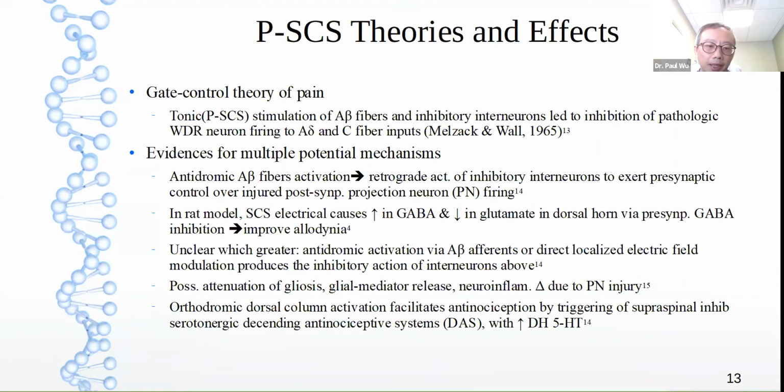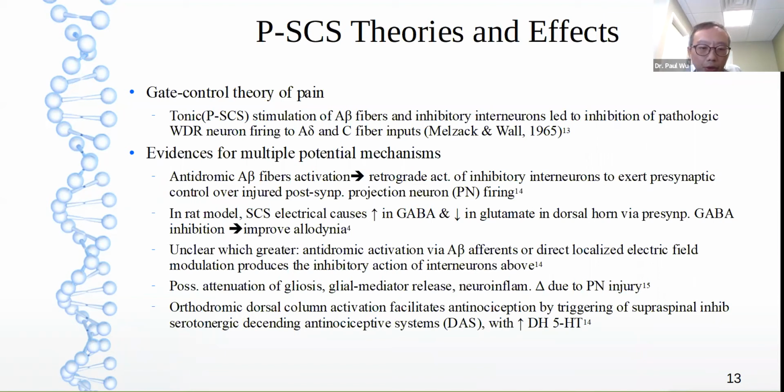Additionally, there's also possible attenuation of glial cell inflammation or gliosis. Glial cells can produce a glial-mediated release, which can cause neuroinflammation, and this can be due to peripheral projection neuron or peripheral nerve injury, and this can also happen at the level of the DRG.